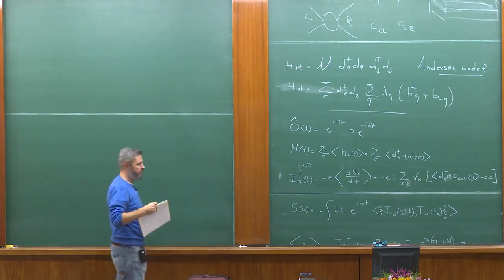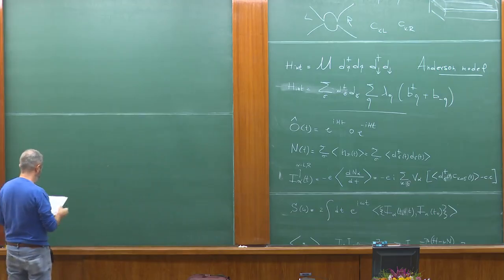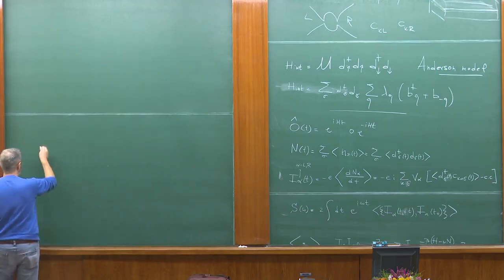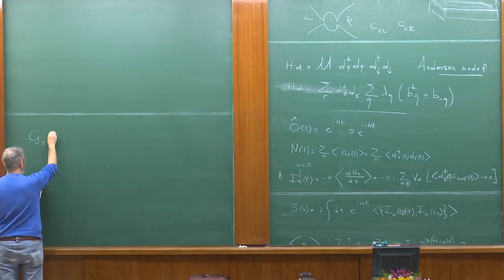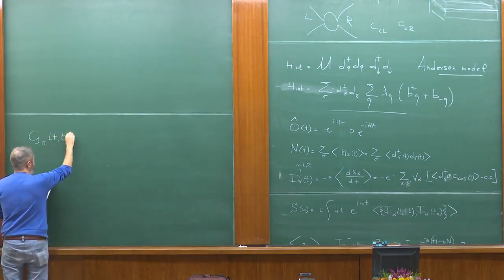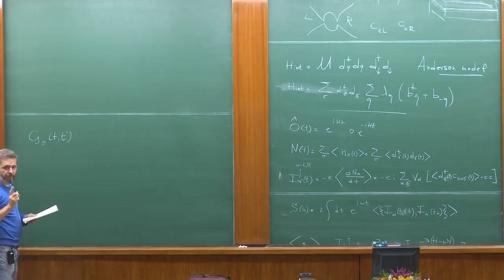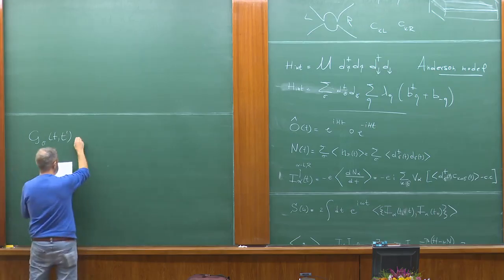I mean, it's very hard to follow. But then people realized that there is an object that is not directly a physical object, that has a much better behaved perturbation theory, and that is known as the Green function.